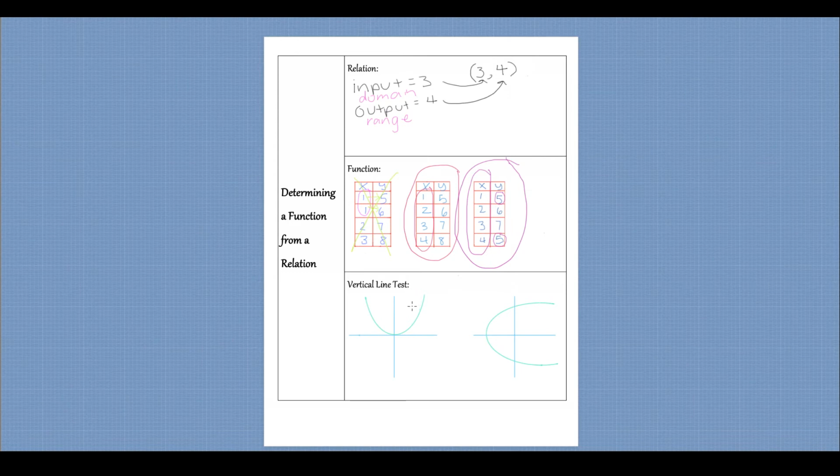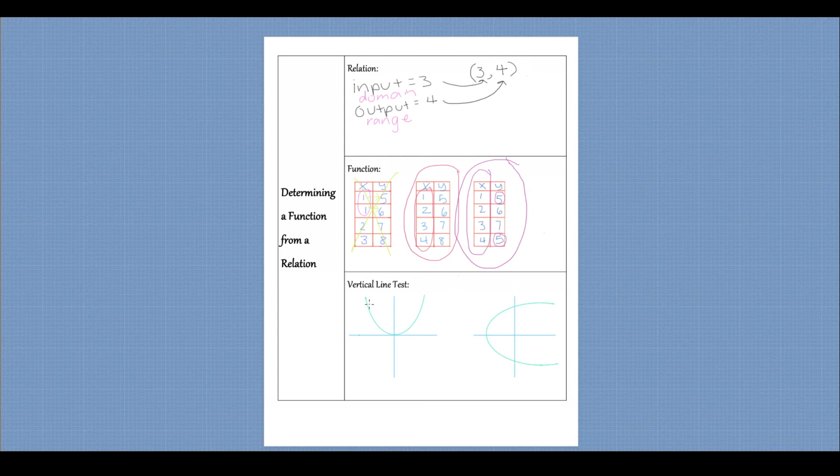What the vertical line test is, you would draw a straight line through any point in the graph, and if it is only a relation, the line will cross the relation in more than one point. But if it is a function, then the line will only cross the function at one point.